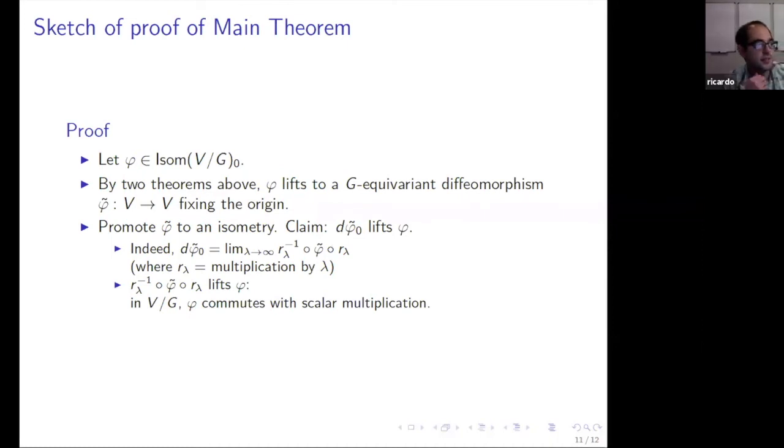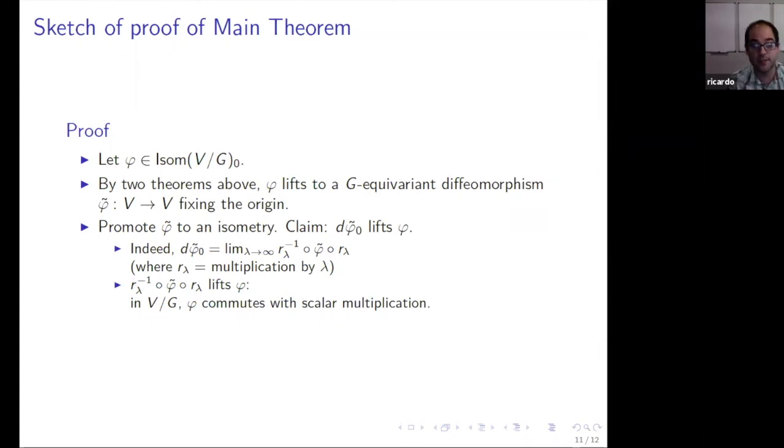R lambda is what I'm calling the multiplication by lambda as a map from V to V. It just takes a vector and multiplies it with lambda. Wait, phi tilde is not necessarily linear, right? Otherwise this always cancels out.